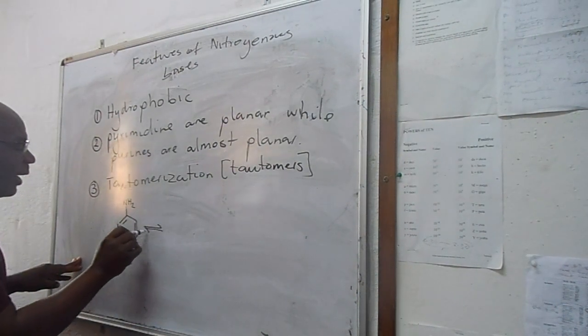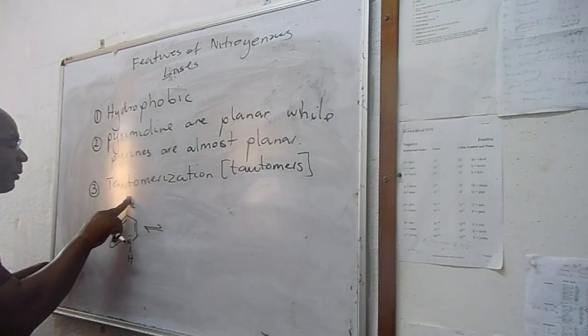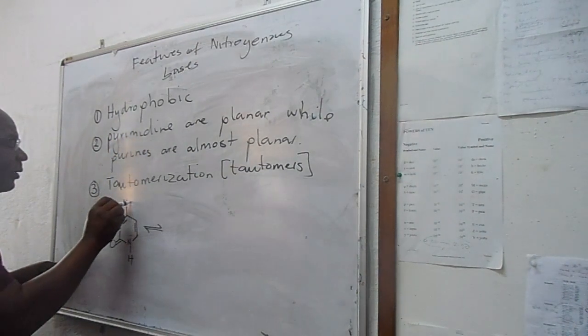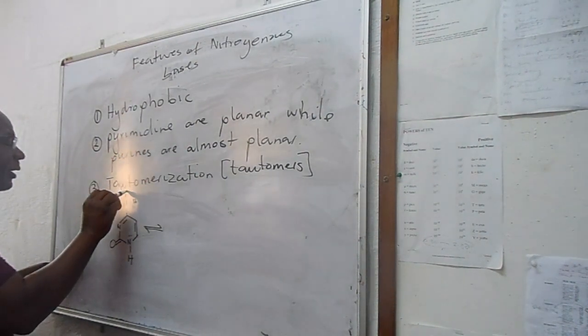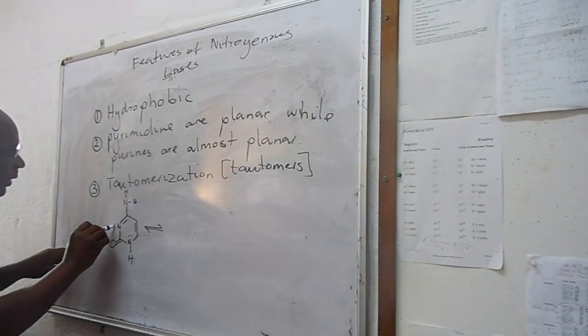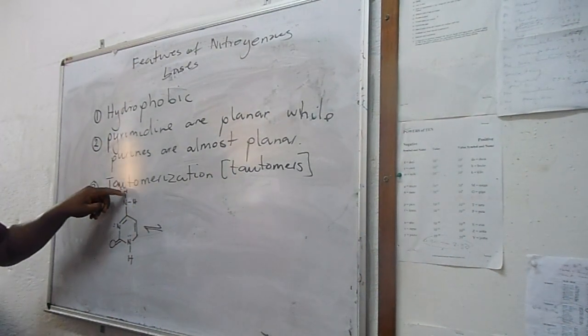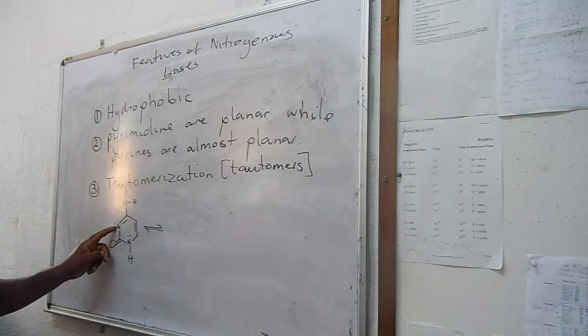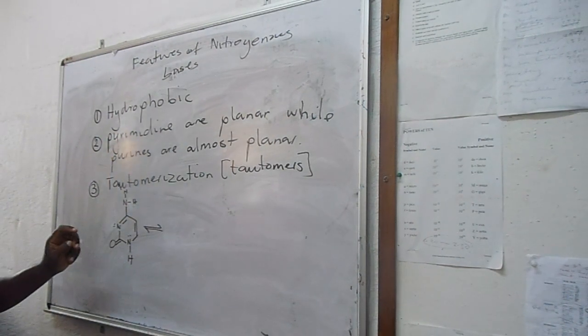Let me write the hydrogens this way so that we see that they are isolated. Remember there's a lone pair here. The lone pair can abstract this hydrogen so that the hydrogen is attached there.